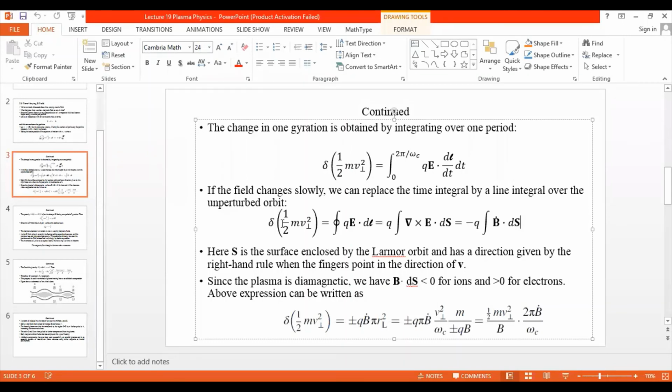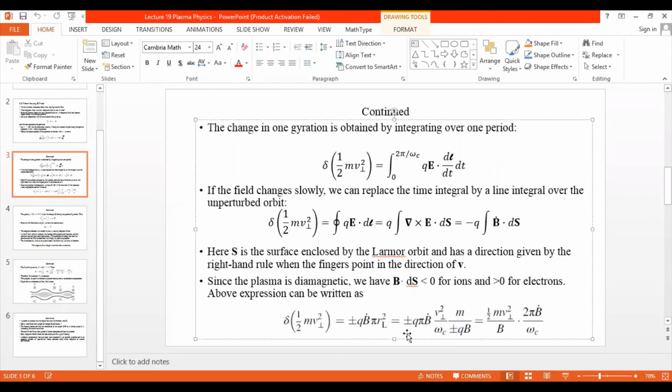So we can write this expression, delta of half m v perpendicular squared equals plus minus q B dot, and the integral of dS will give us the surface area pi r L squared, and we know that r L can be written in terms of m, v perpendicular, omega c and qB.